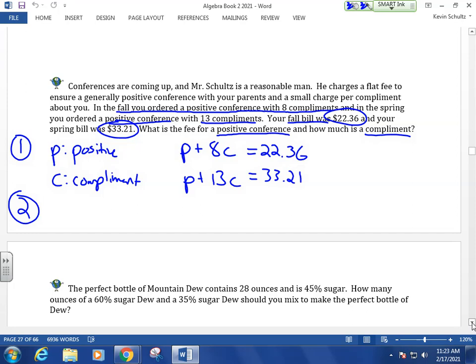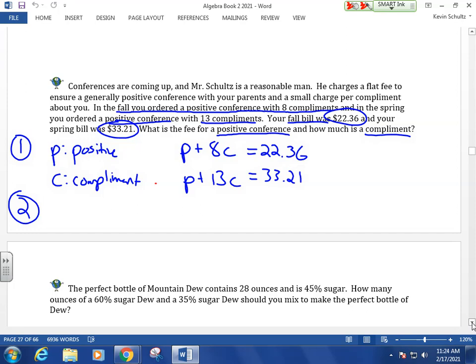Okay. But using the elimination method, it actually is pretty slick for that too, because what do we need to do to get a like coefficient in front of one of our variables? Nothing. Both of them contain that 1P for a generally positive conference.